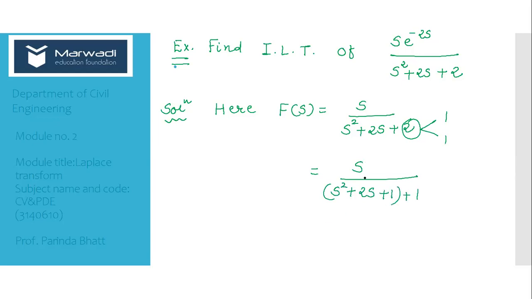And we need in the numerator also plus 1. Therefore, we are adding plus 1 and subtracting plus 1. Therefore, s plus 1 minus 1 divided by s plus 1 whole square plus 1 square.